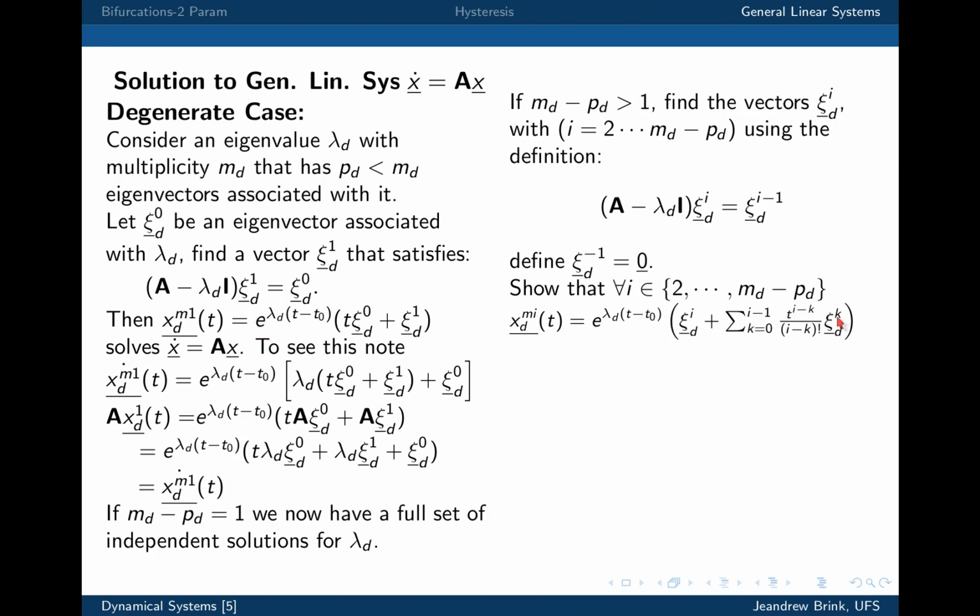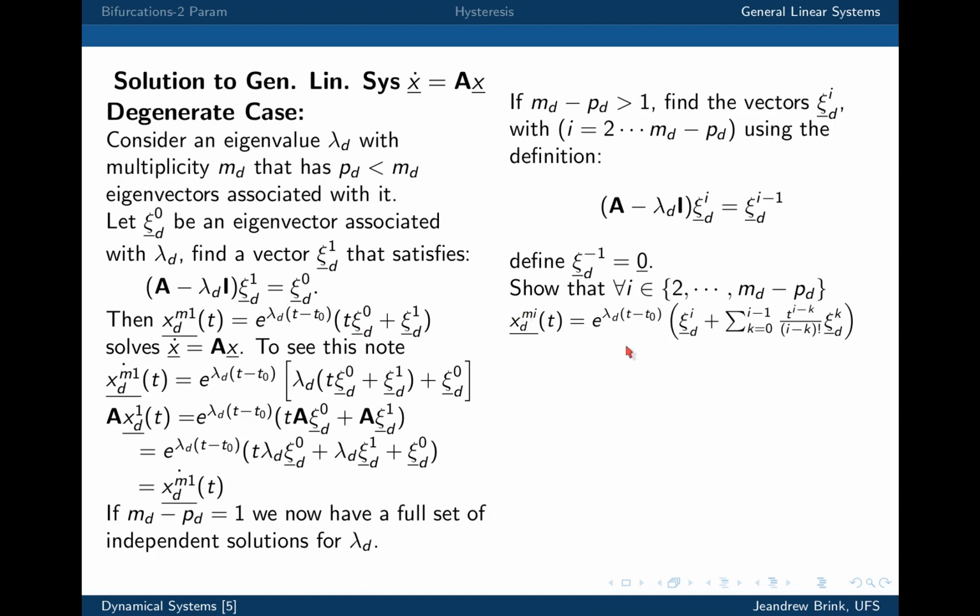For the next vector, you multiply it by t squared. Your new vectors are always the constant, and the previous vectors you multiply by t. So if you have a multiplicity that goes to, say, 2, instead of the linear term you had in front of the eigenvector, you're going to have a t squared in front of it. Okay, so there's a very definite structure.